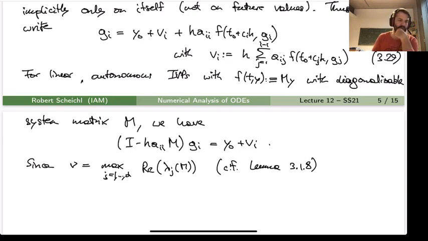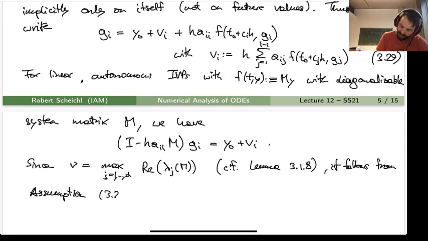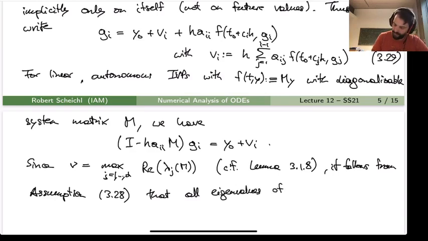So since we know this, it follows from assumption 3.2.8 that all eigenvalues of the system matrix here, I minus h a_ii M, have positive real part.